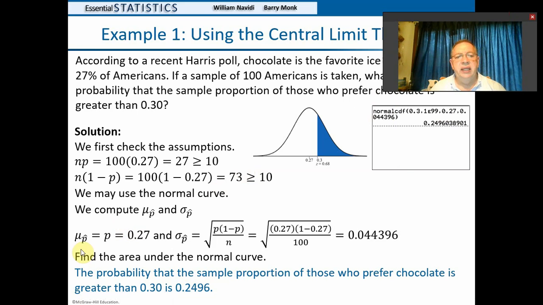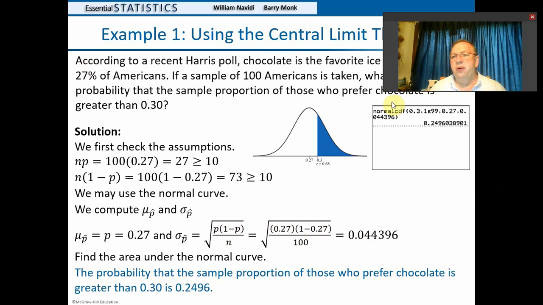The mean is the mean of the sample proportions, that's just equal to the population proportion, 0.27 from the statement. And then our standard error of the sampling proportions is the square root of p times 1 minus p over n. 0.27 was our population proportion, 1 minus 0.27, over 100.